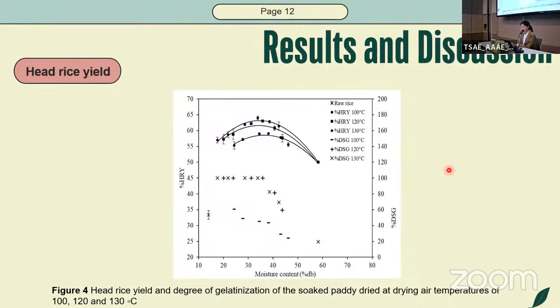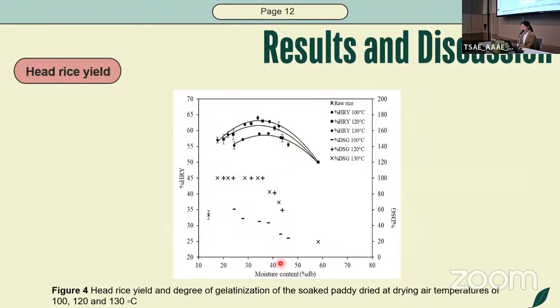You can see in the trade review related to the moisture content and the optimization. When gelatinization is increased, the review will be increased because the starch gelatinization process is allowed in the kernel space.